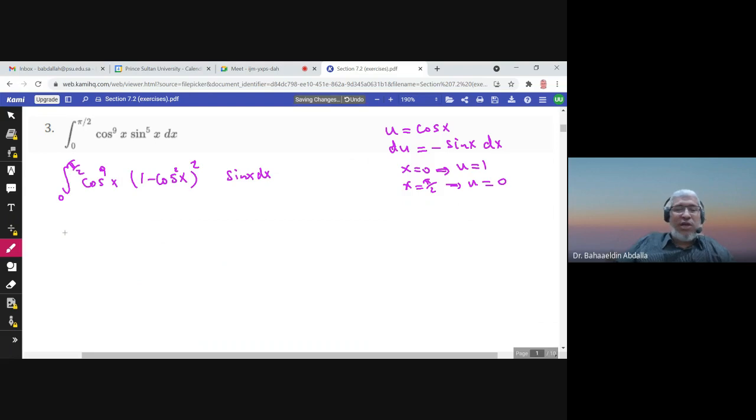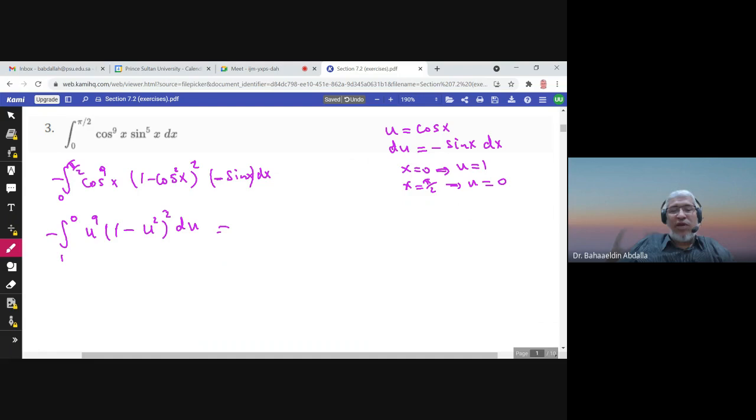So this integral, when it's changed to u, would be 0 will be 1, pi over 2 would be 0, cosine 9 would be u to the power 9, 1 minus cosine square would be u square to the power 2. I need negative, okay? So I multiply by negative, and negative sine x dx is just du.